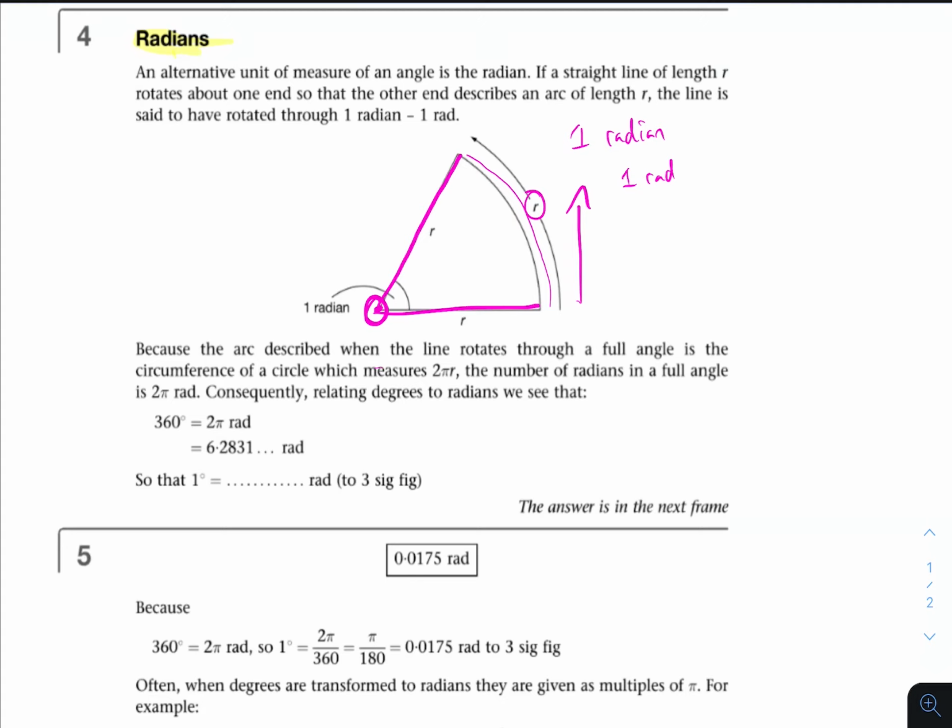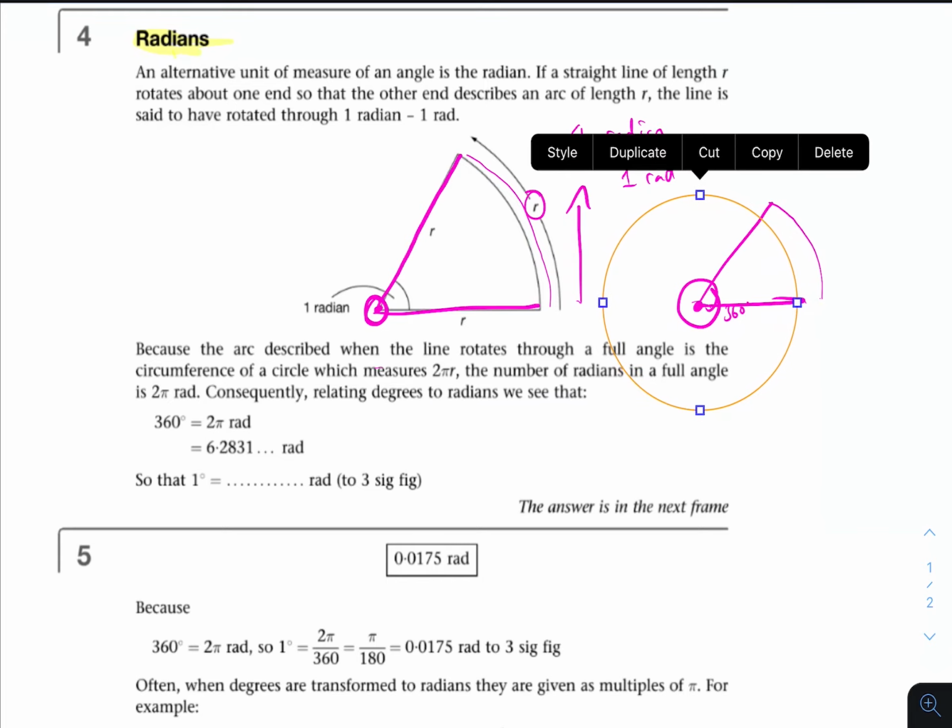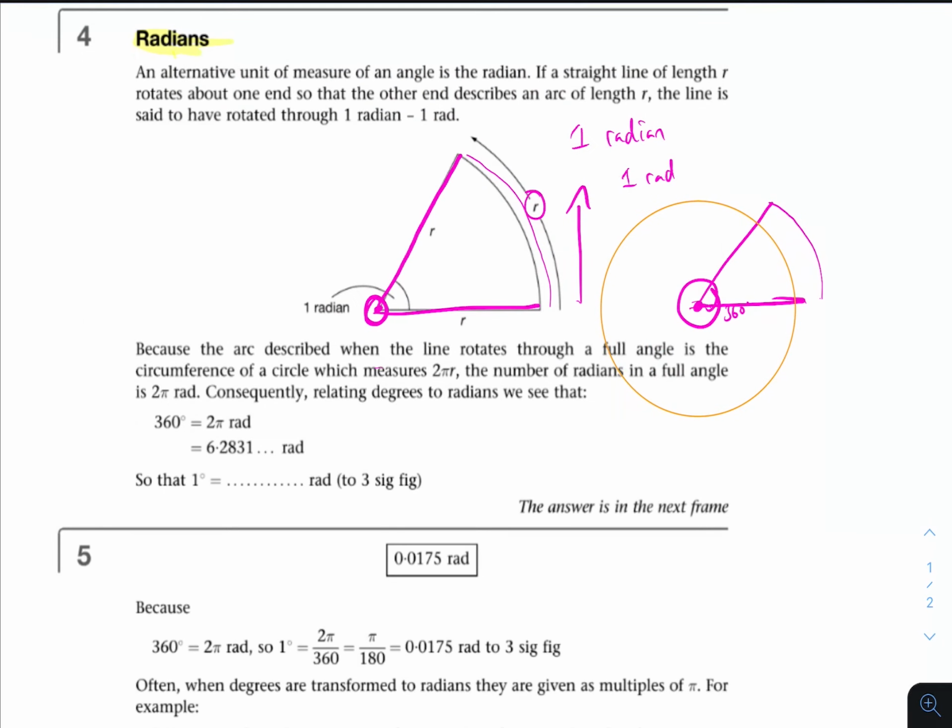So what it's saying here is that when you've got a point here, and obviously a full angle is 360 degrees, if you had a line here, so obviously that's 1 radian, if you rotated it from there all the way around, I know it's not centered or anything, but if you rotated it around the full angle, you went from here, round here, back to here, then this full angle is likewise the circumference of a circle.